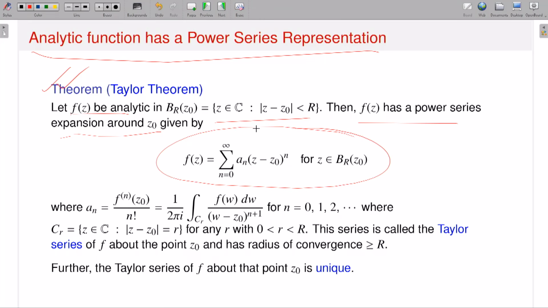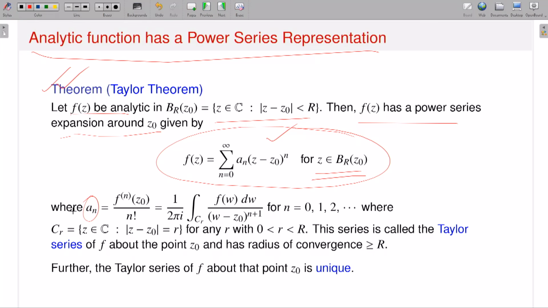Okay, so if my function f is analytic in B_R(z0), then f(z) has a power series expansion around the point z0. That means I can write f(z) as the sum from n equals 0 to infinity of a_n (z minus z0)^n, for all z in B_R(z0). Not only that, I can write my coefficients in terms of the function f, in fact the derivative of f.